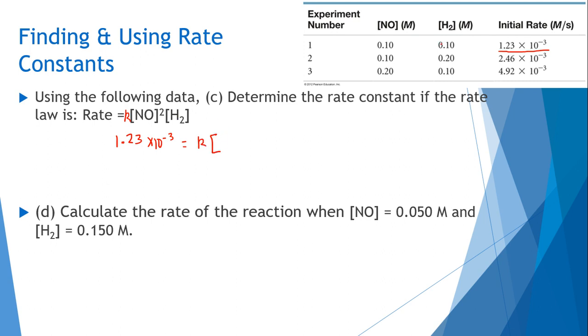Since I used that one, I need to use this value here for NO: 0.1 to the second power. And then hydrogen would also be 0.1. So here what I'm going to do is consolidate some things. Let's rewrite this part of the equation.